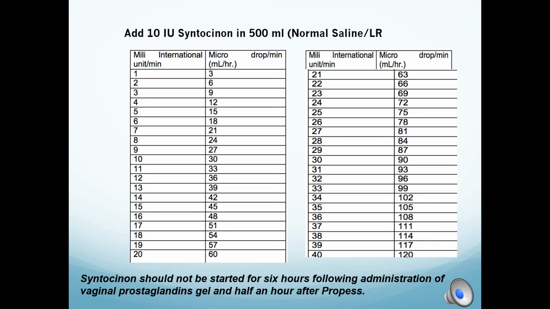This is an example of the protocol where we are using 10 units of Syntocinon in 500 ml normal saline or Ringer lactate. Remember, don't initiate Syntocinon for 6 hours following administration of vaginal prostaglandin gel and half an hour after Propess. And also don't start oxytocin right when you rupture the membranes. You need to wait for 1 hour, avoiding tachysystole.